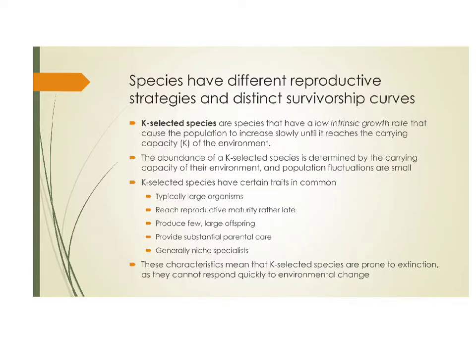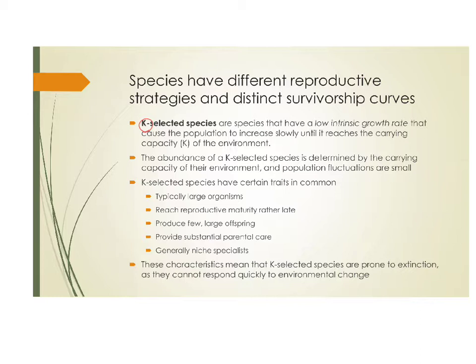Species have different reproductive strategies and distinct survivorship curves. You guys have actually done a survivorship curve at this point with our cemetery demographic data. So I told you we were going to see that K-selected, that K again. That K, of course, stands for carrying capacity. K-selected species are species that have a low intrinsic growth rate.